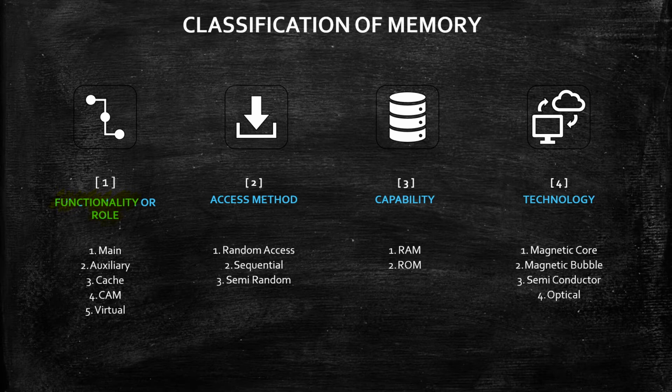We know that many types of memories are available, so based on the functionality we have classified them, and we have total five different memories: main memory, auxiliary memory, cache, CAM, and virtual memory.